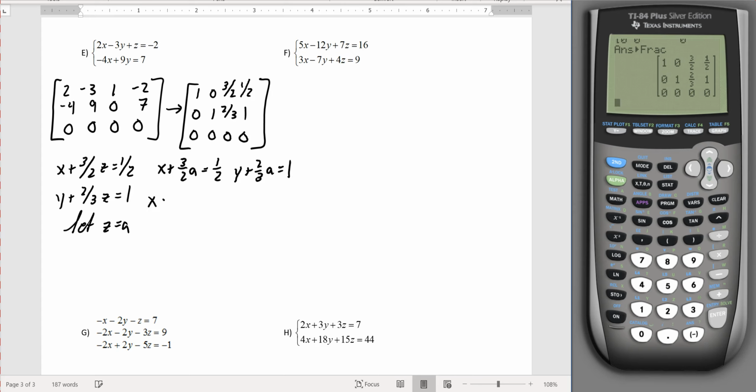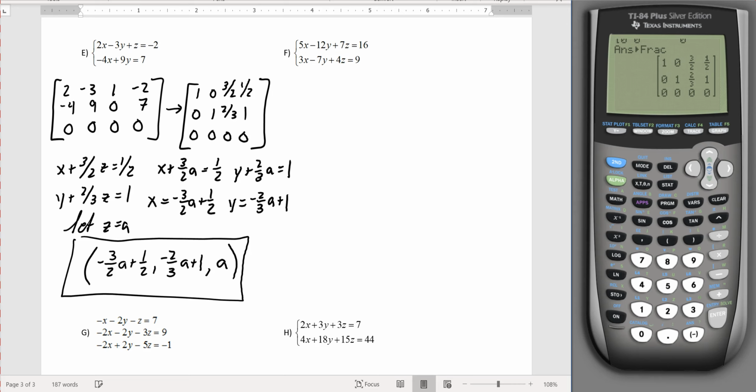Got to get x and y all by itself, so subtract the 3 halves a, so plus 1 half there. Subtract the 2 thirds of a. And when I do that, I would get my coordinate pairs, negative 3 halves a plus 1 half, comma, negative 2 thirds a plus 1, comma, a. Beautiful.